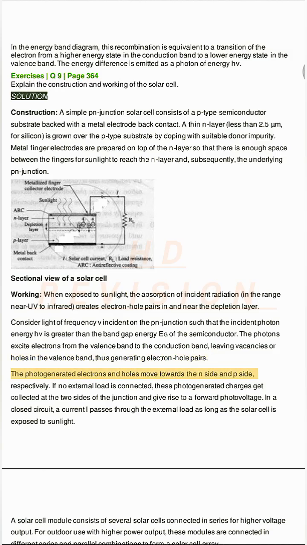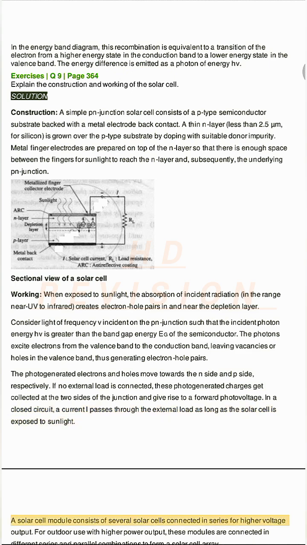The photogenerated electrons and holes move towards the N side and P side, respectively. If no external load is connected, these photogenerated charges get collected at the two sides of the junction and give rise to a forward photovoltage. In a closed circuit, a current I passes through the external load as long as the solar cell is exposed to sunlight.